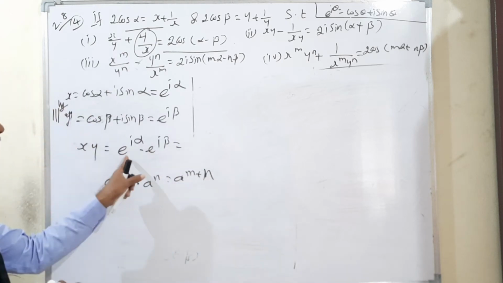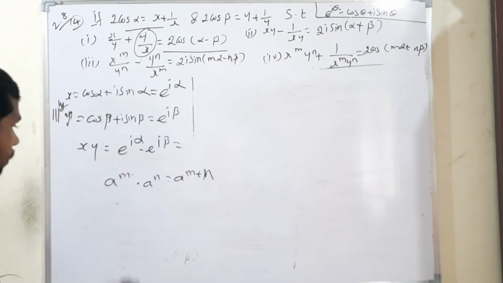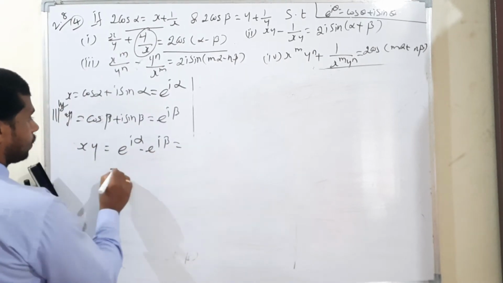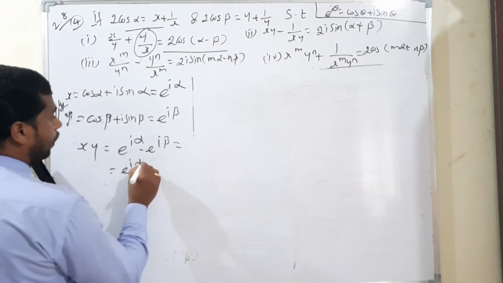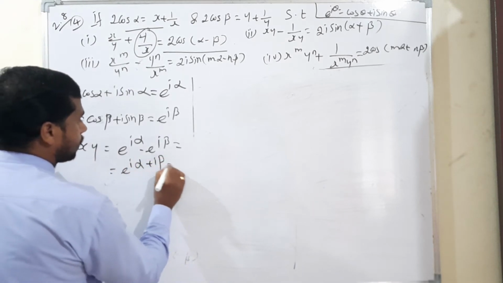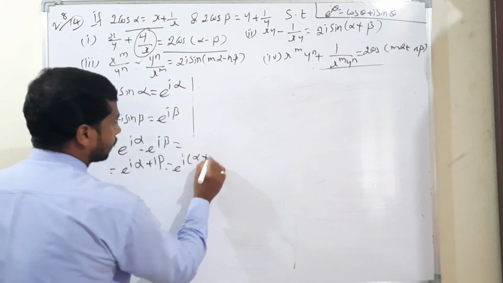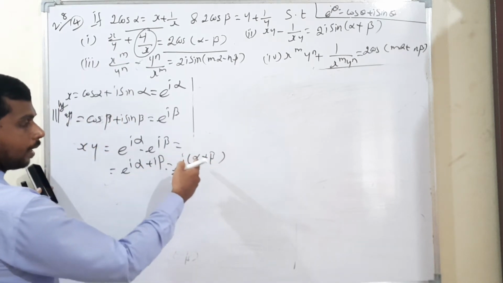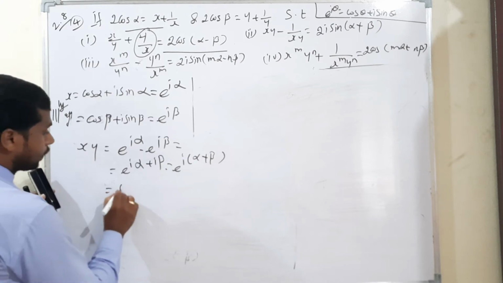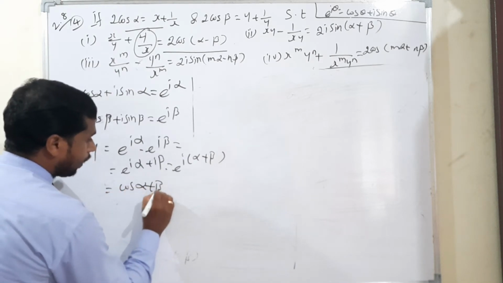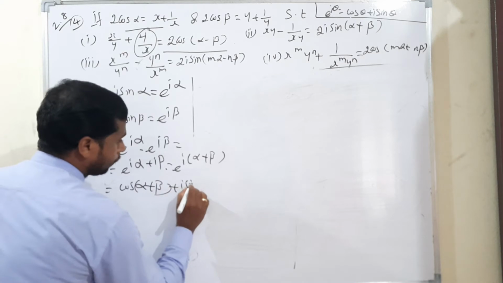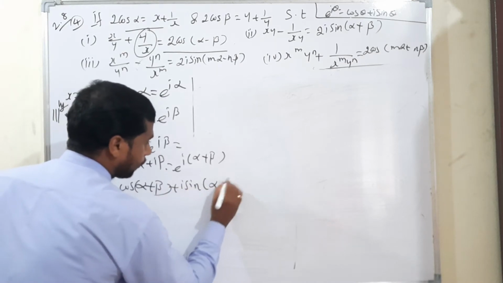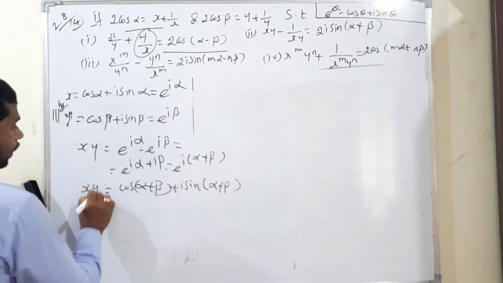So we can write now e to the power i alpha plus i beta. Therefore, taking i common outside, alpha plus beta. So e to the power i times alpha plus beta means cos alpha plus beta plus i sin alpha plus beta. This is the value for xy.